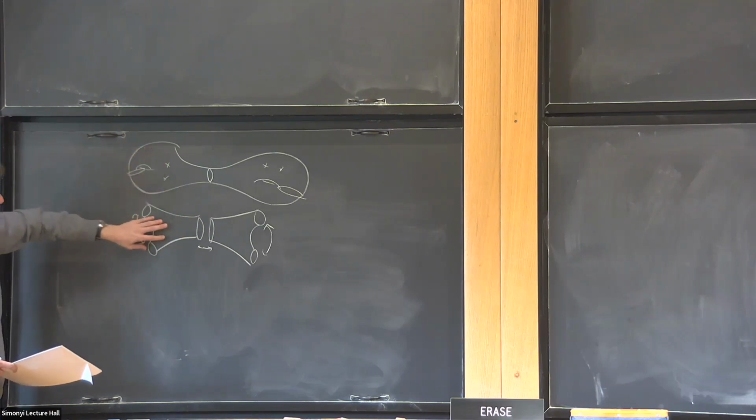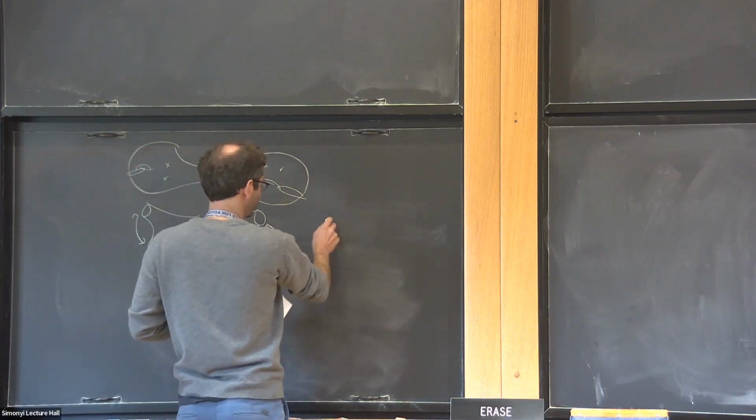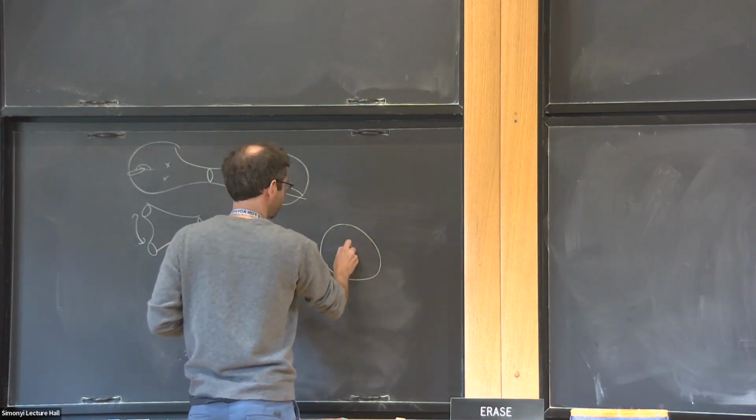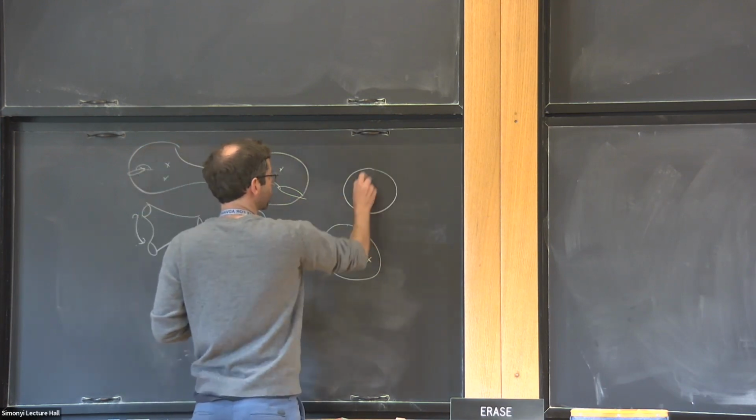The surface will be decomposed into pairs of pants when there are no marked points, and when you have marked points, the two other building blocks of the decomposition would be an annulus with 1 marked point or a disk with 2 marked points.